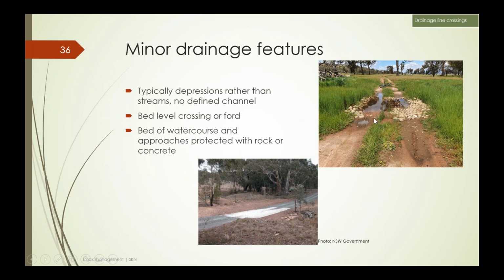You'll see that this one here has been constructed by dropping rock and compacting it. This one's a concrete ford, probably not the sort of thing you're going to build, but there may be some situations where concrete is justified because it's expensive. But if it's going to receive a lot of use and it's a particularly boggy spot, it may well be worthwhile.